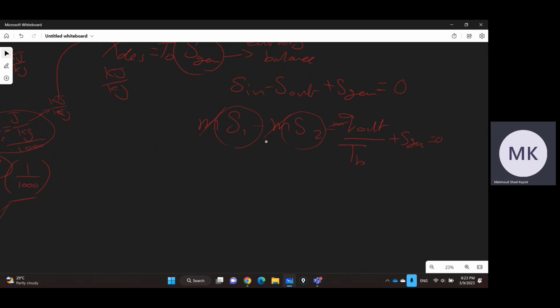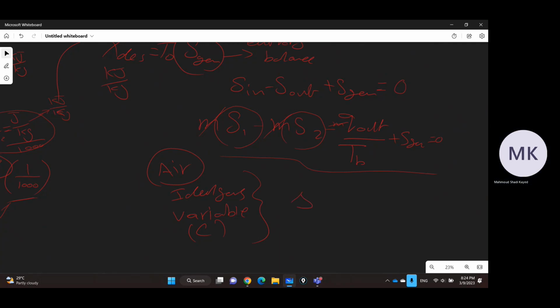Now S1 minus S2 for air. It's an ideal gas, and we are solving this problem using variable specific heat. So what is the formula for this case? The formula you should use is delta S equals S2 naught minus S1 naught minus R ln P2 over P1.